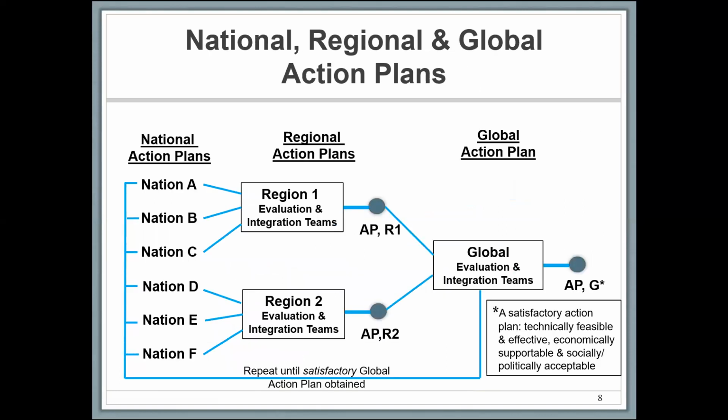On this diagram, we show how the national action plans will then be evaluated and integrated into regional action plans, such as for North America and Asia. The regional plans will include estimates of regional net CO2 release and contributions to stabilizing and adjusting the Earth's energy balance, to address ocean acidification, and to coping with climate change impacts.